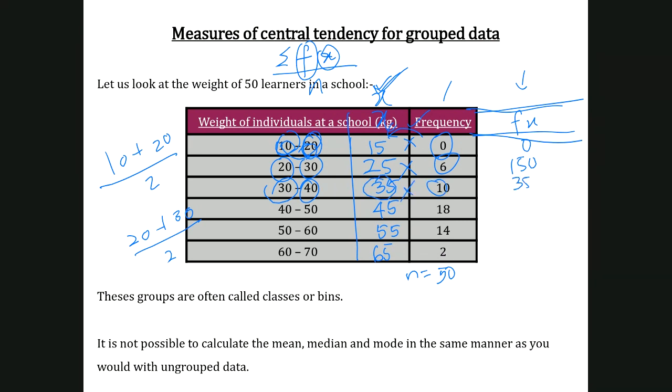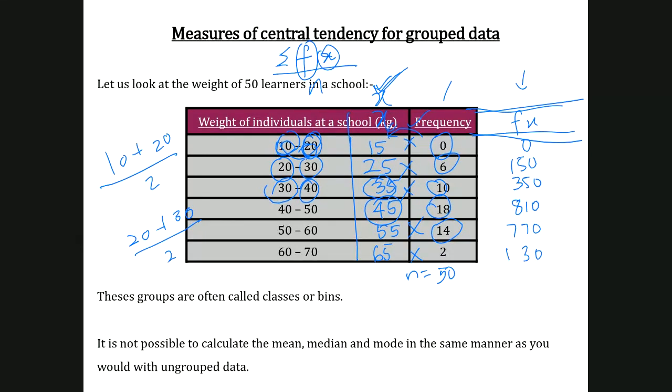Then 18 multiplied by 45 is 810. Then 14 multiplied by 55 is 770. And then 65 times 2 is 130.